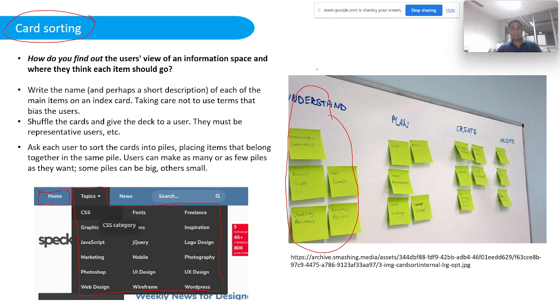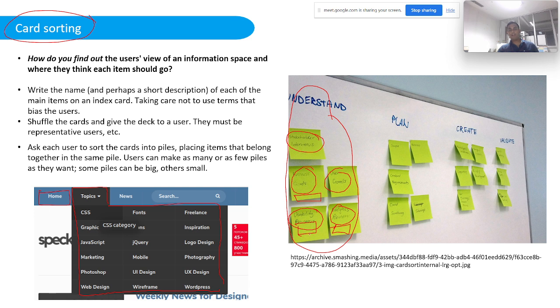In a card sorting process, we write a name for each subcategory, and then we also provide a small description of what they mean, and then we shuffle all these and ask the user to affinitize or to break them into individual groups.